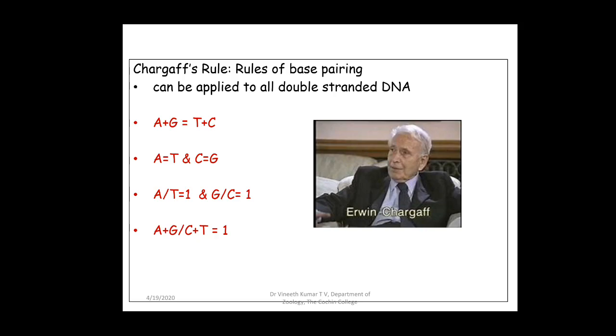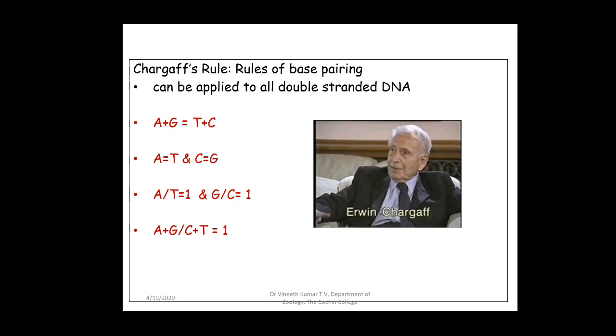They found that the four nucleotide bases of DNA occur in different ratios in the DNAs of different organisms, and Chargaff's rules can be stated as 4 points, laid down in this slide. That is, there are four nucleotide bases present in the nucleic acids, specifically DNA, and they are related in different manners.